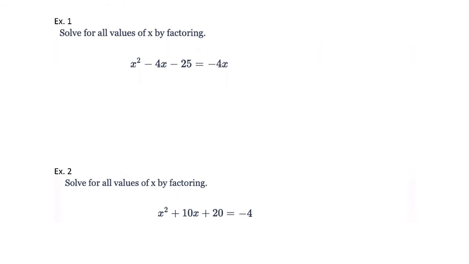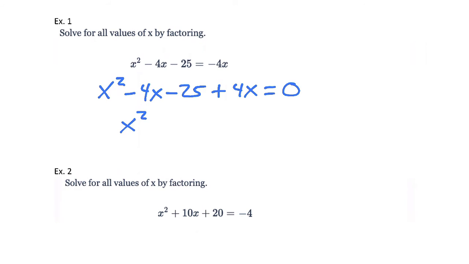So to factor this one, I'm going to first set this equal to 0. I can do that by adding 4x to both sides. If I add 4x to both sides, I got x squared minus 4x minus 25. But then I'm going to add 4x to this side, and I would have 0 on the other side. Now notice what happens when I combine like terms: x squared minus 25 equals 0.